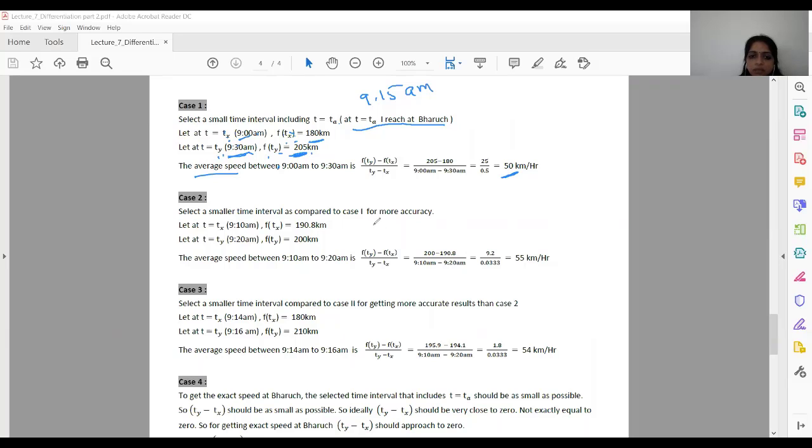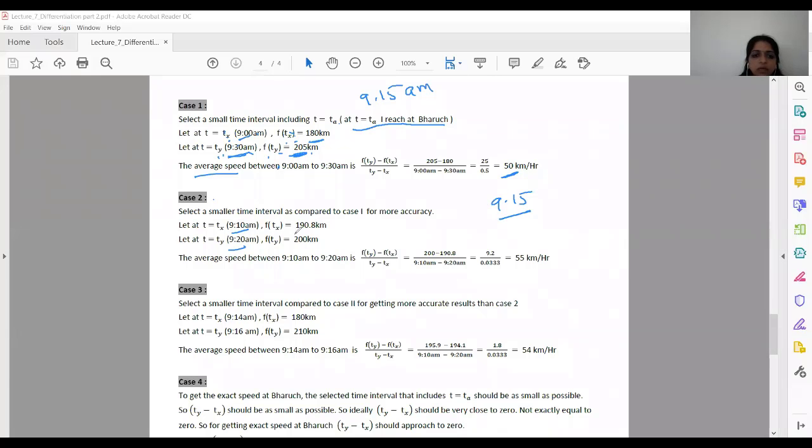Now in the second case, I take a smaller interval. In this first interval I took 9 to 9:30, so it is bigger. But in case 2, if I take a smaller interval than case 1, I take 9:10 to 9:20, which also includes 9:15.